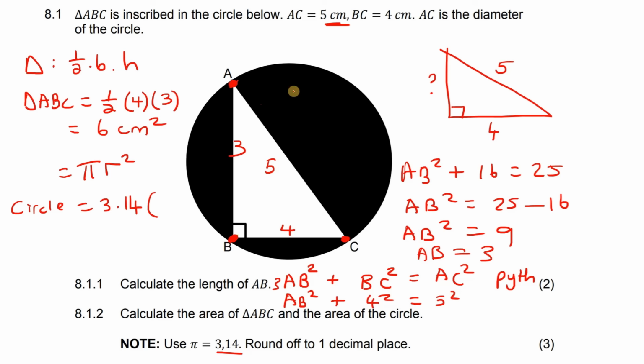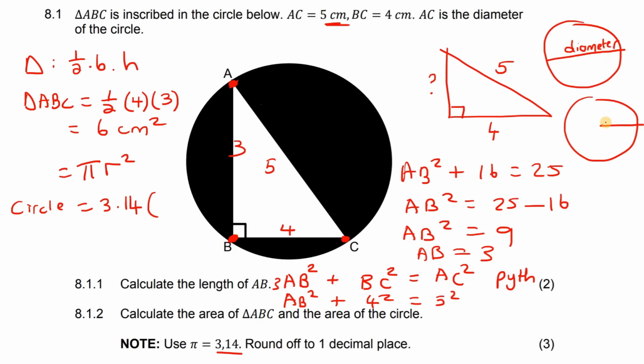No. Remember, when you have a circle, the part going all the way across is called the diameter, and then the part going halfway, that's the radius. So if the diameter, which is AC, is 5, then the radius would be half of that, which is 2.5.